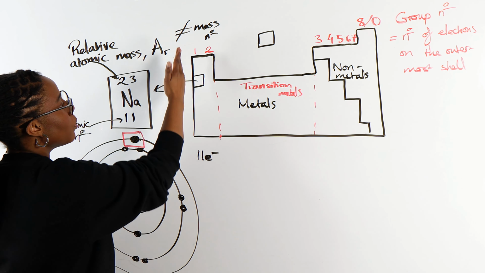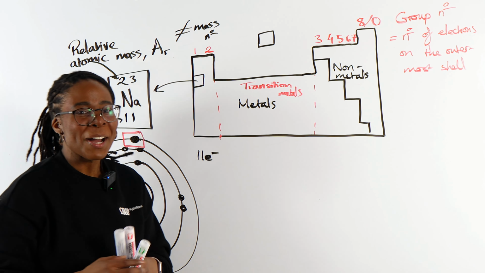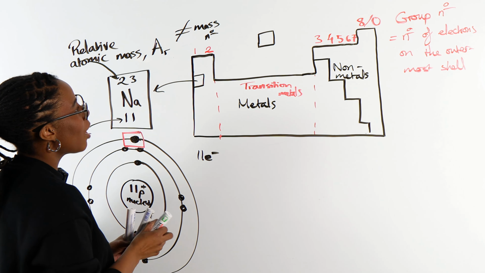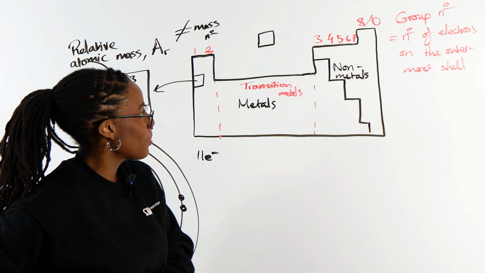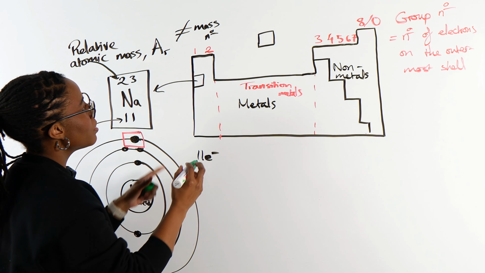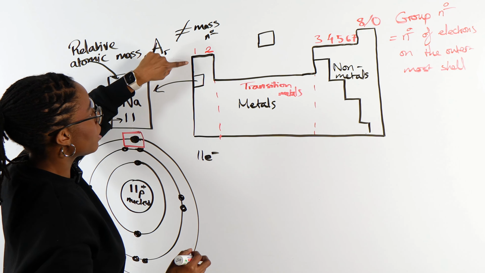When it comes to the horizontal rows, these are called the periods, like the periodic table. That's where it comes from. So those are our rows. Now, to be really, really careful, period 1 does not start here.